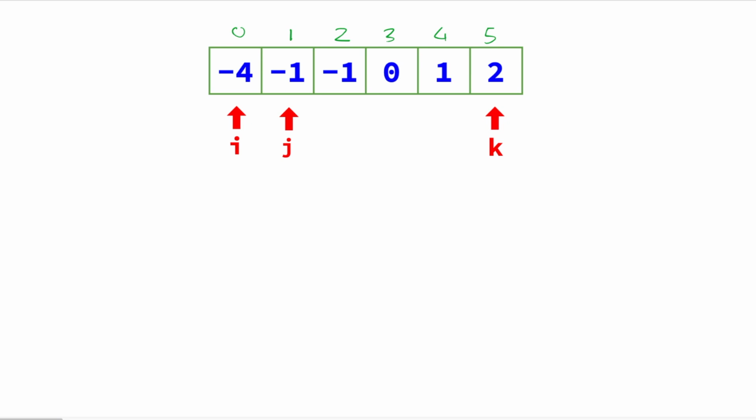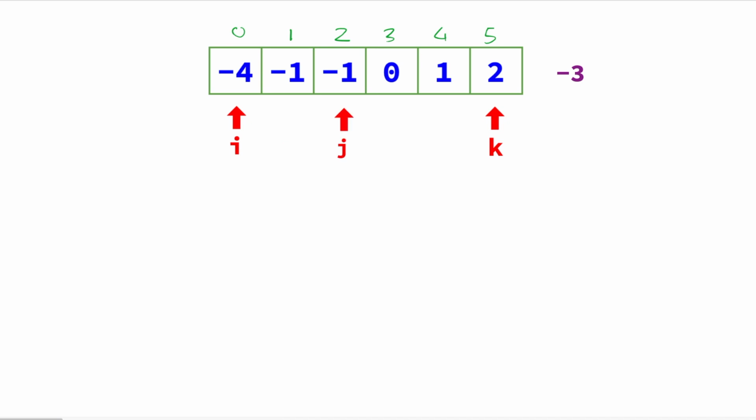If the sum is greater than 0, then we need to move k to the left so that the sum is closer to 0. So looking at the sum of the values at index i, j, and k, we get -3. Since -3 is less than 0, we will move the index j by one position to the right.